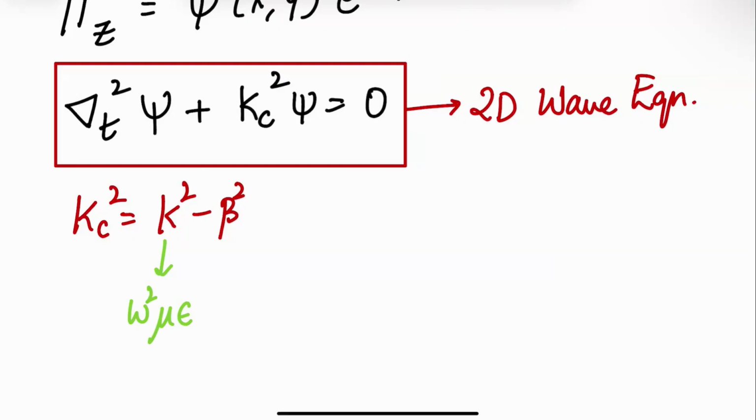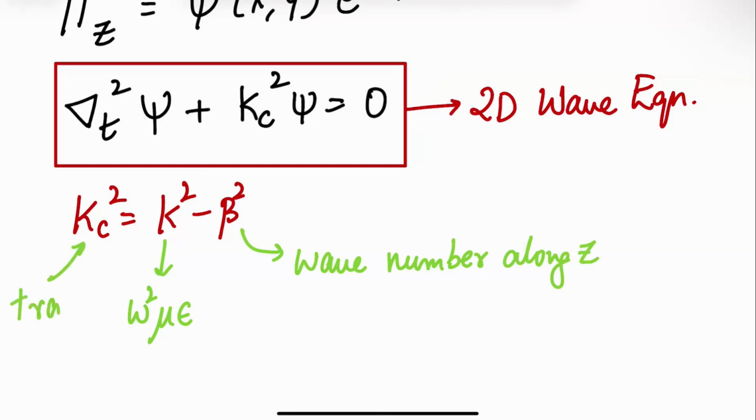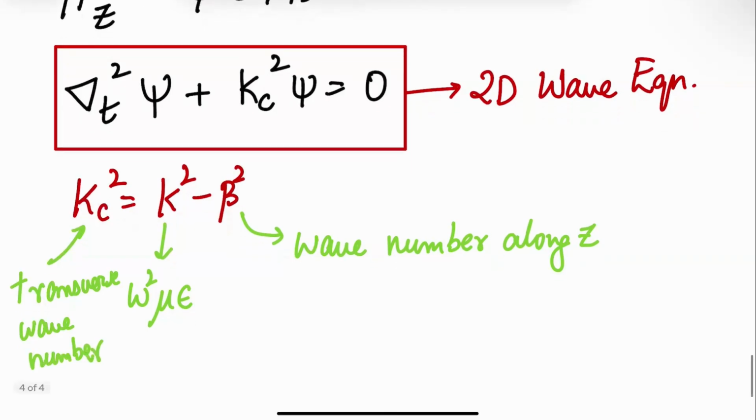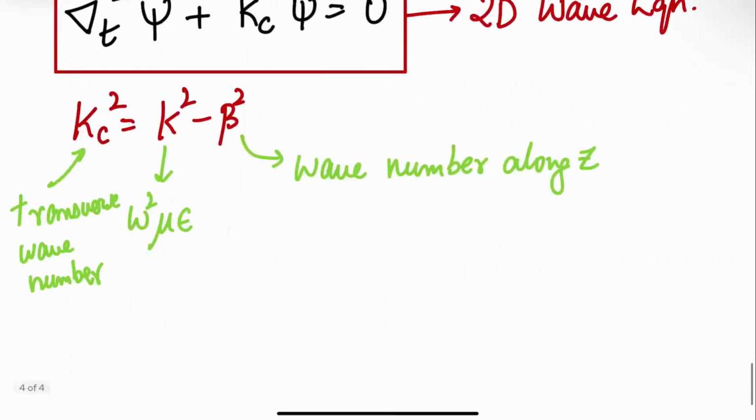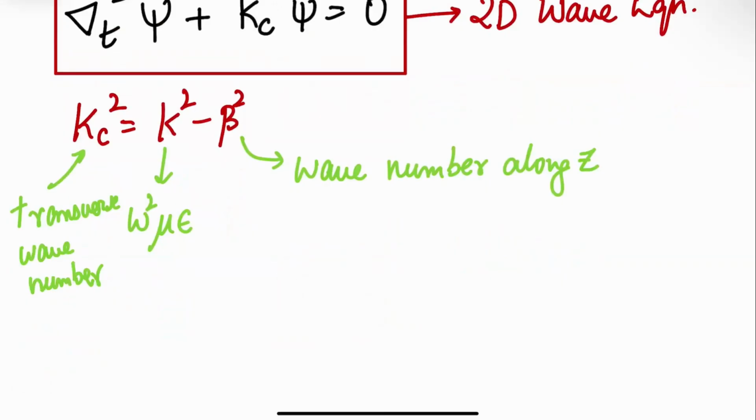This is the wave number along Z, and this is the transverse wave number, because it satisfies the transverse wave equation. So essentially kc square plus beta square equal to k square is very similar to kx square plus ky square plus kz square. This is also a dispersion relation. I have a transverse part, I have a z component, and I have a k square.